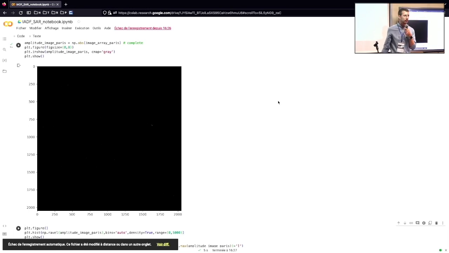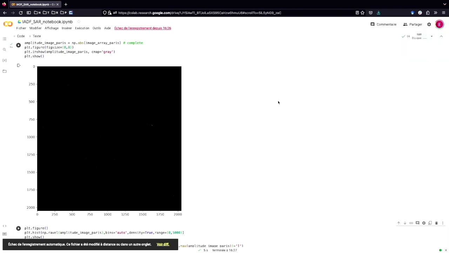What do you see here? Do you have any clue why we see this dark image if you visualize the image in this way? Yes, maybe data is not normalized.